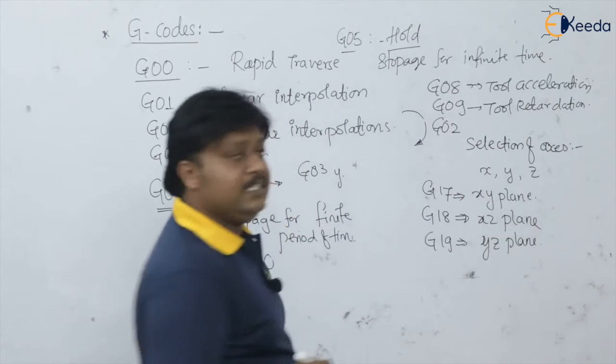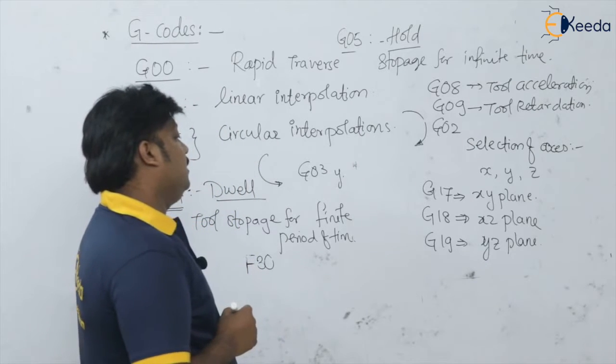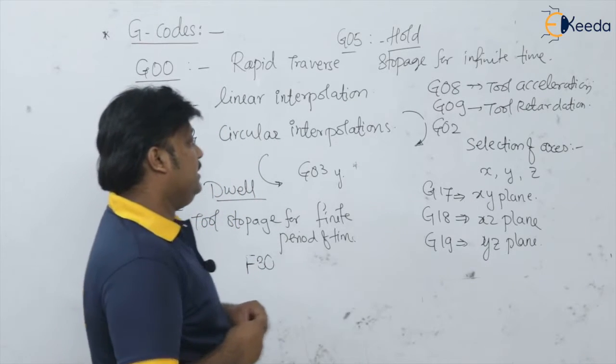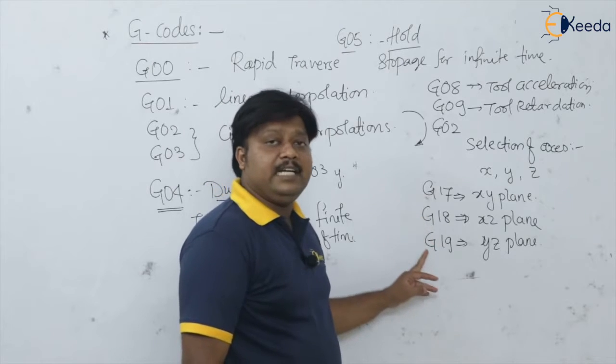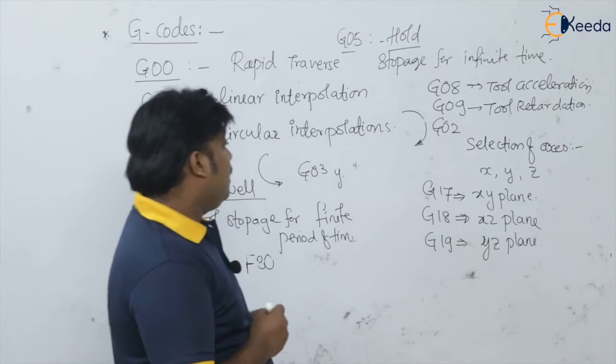So this is plane selection with the axis, that is G17, G18 and G19.